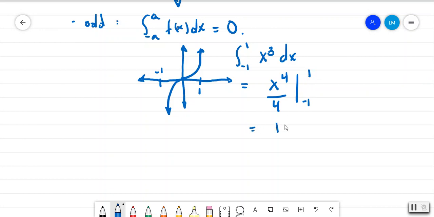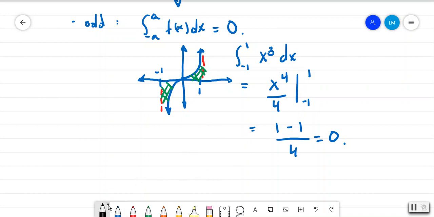But that's 1 over 4 minus 1 over 4, which is equal to 0. So the two areas cancel themselves out, because in this case there is no net area that's gained.